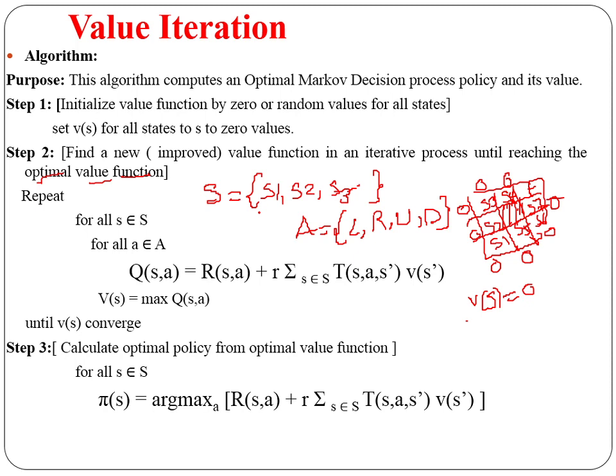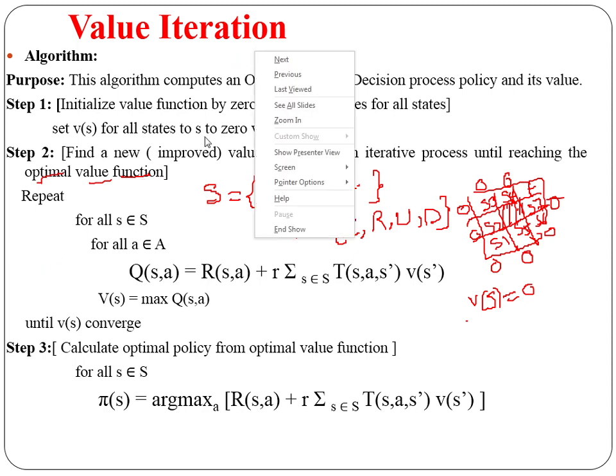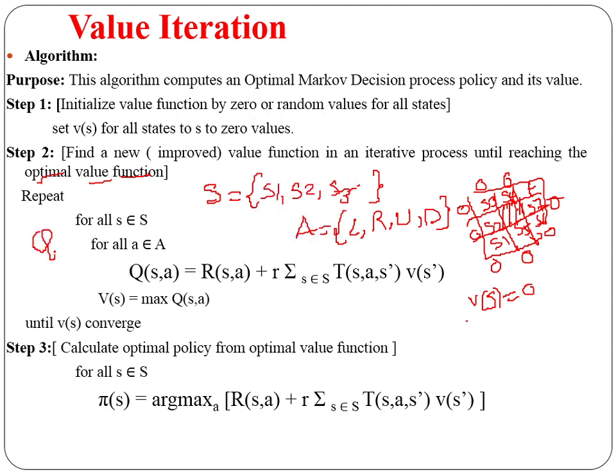So how do you execute Q of S, A? Initially you use S1, then the first action left, then S1 right, then S1 up. For example, in S1 you can perform up, you can perform right, and you cannot perform left.